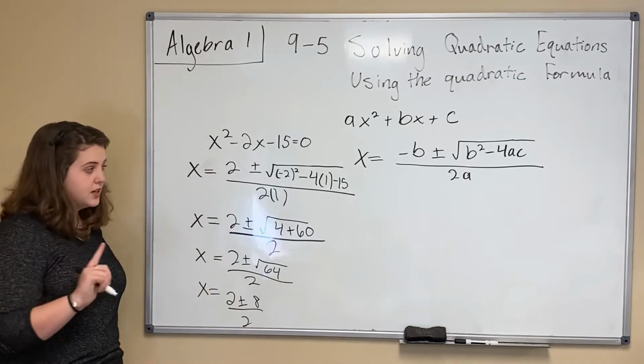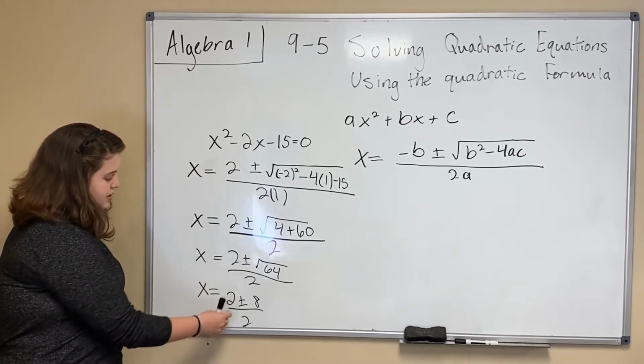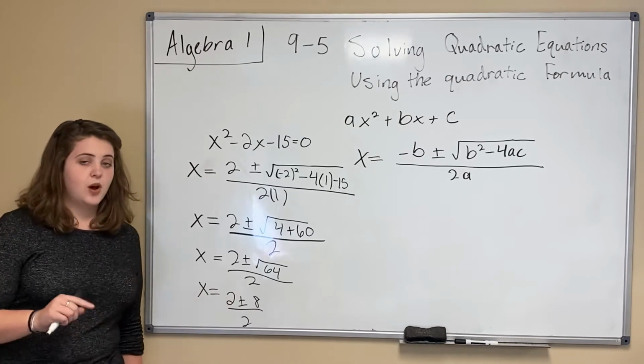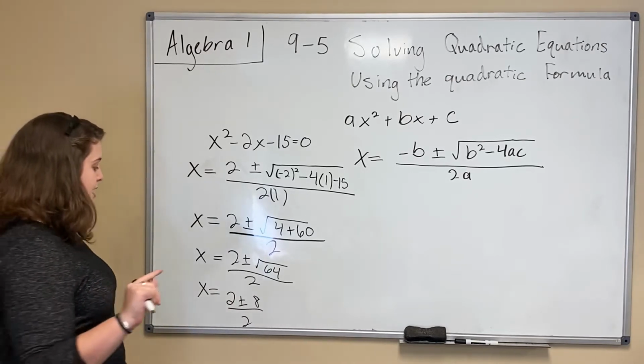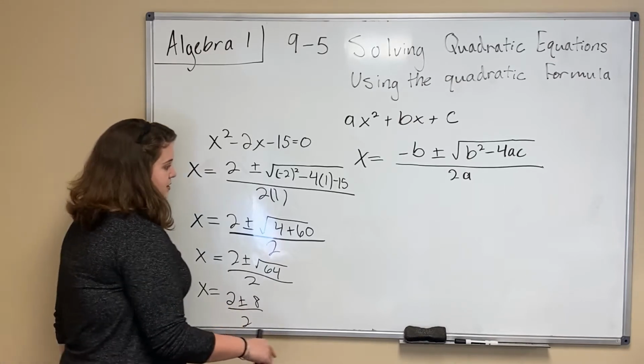Now what we do next is really important that you pay attention. Because I have plus or minus here, I'm going to have two solutions, and x is either going to equal 2 plus 8 over 2 or 2 minus 8 over 2.